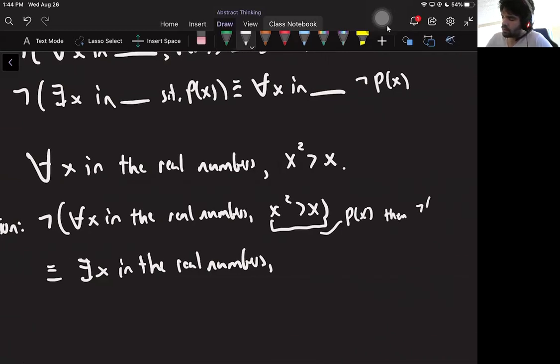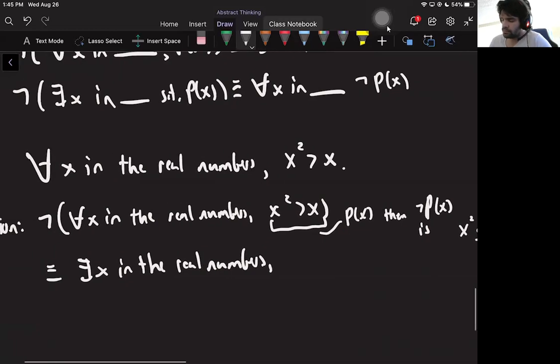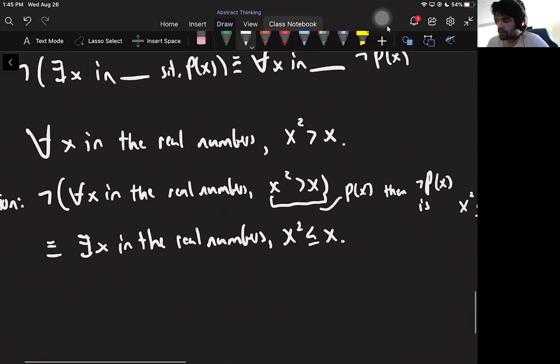You might want to use some scratch work here. Well, the negation of x squared being bigger than x is that x squared is less than x, but this is not exactly correct yet because you have to also include the possibility of it being equal. Okay, so which one of these is true?